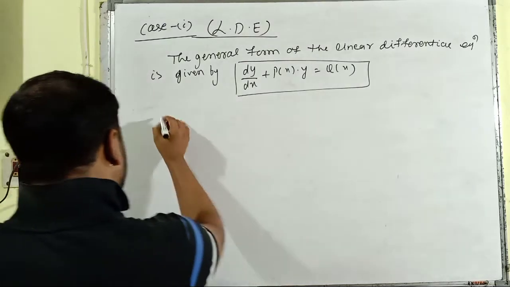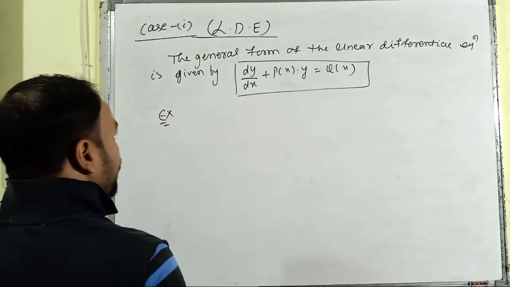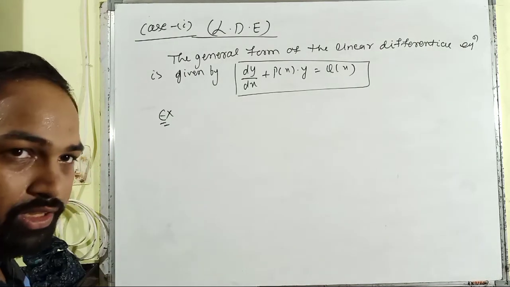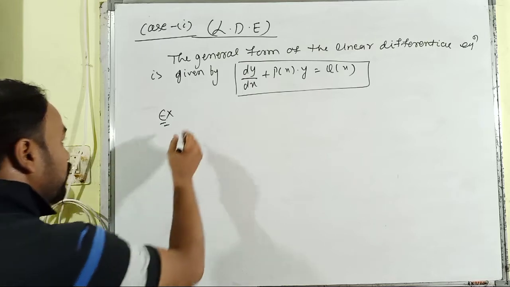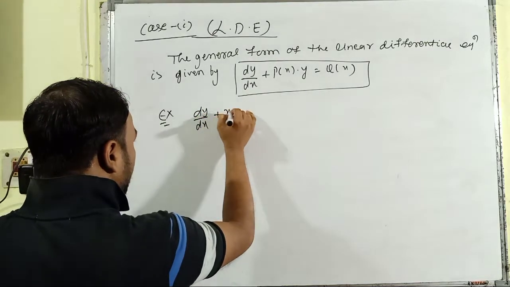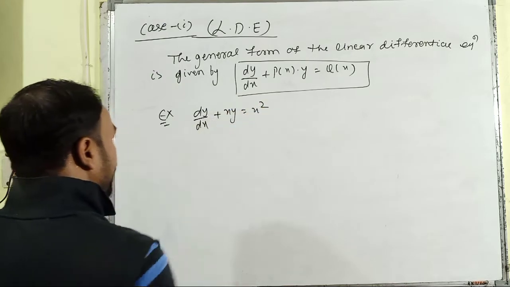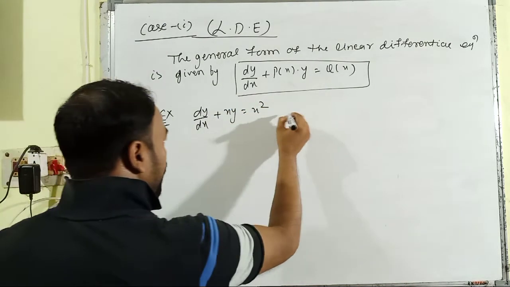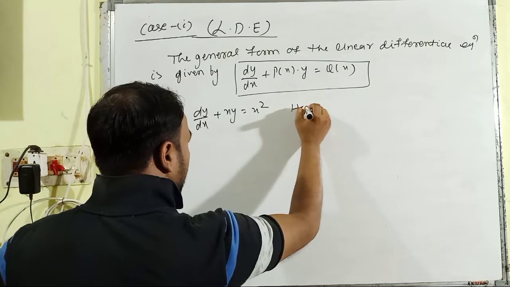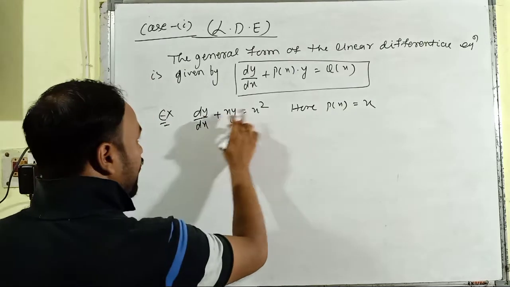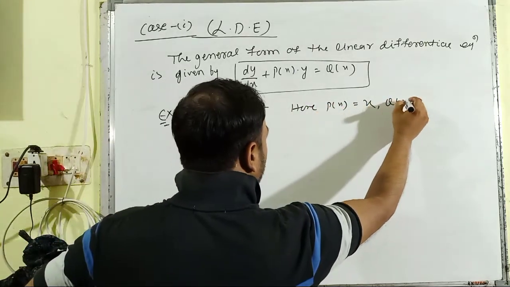Let us take some examples based upon this first general form. The example can be written as dy upon dx plus xy is equal to x square, and here p of x is x, and q of x is x square.